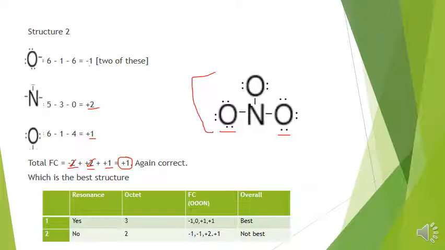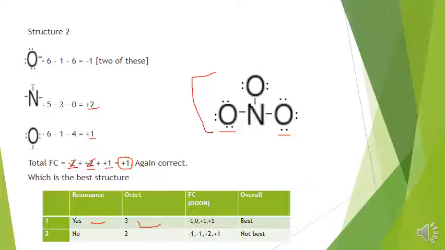Is it the resonance structure or this one right here? So remember, resonance, octet, and formal charge are the things to judge it. Structure 1 has a resonance structure, and it had 3 octets: this nitrogen and 2 of the oxygens had octets.